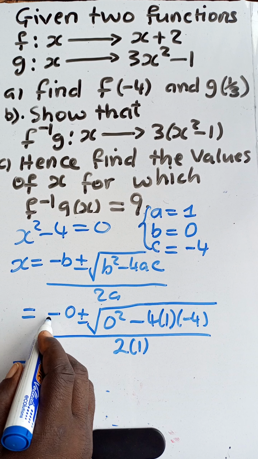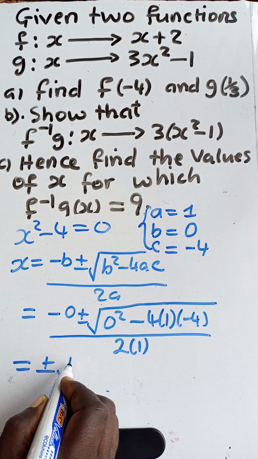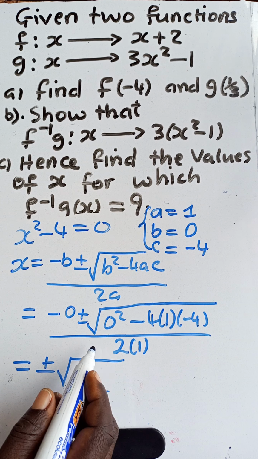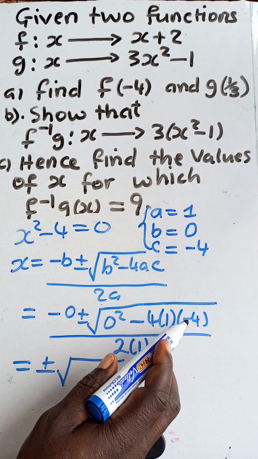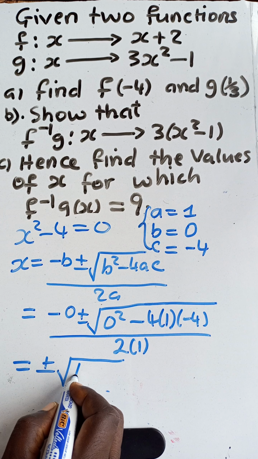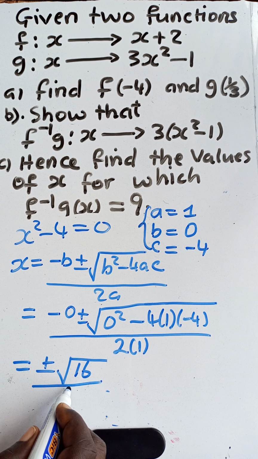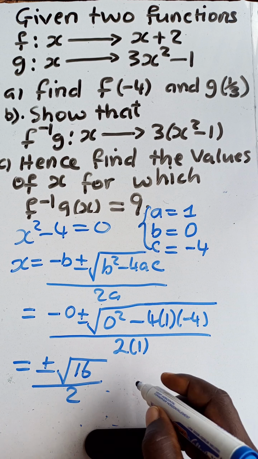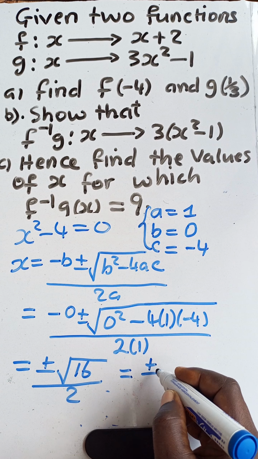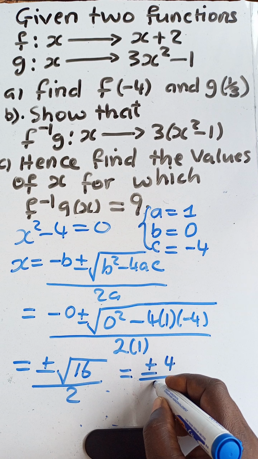Negative 0 is simply 0. So we have plus minus the square root of 0 squared, which is 0. Then negative multiplied by negative is positive, so we're doing 4 multiplied by 4, which is 16, divided by 2 multiplied by 1, which is 2. This gives us plus minus root 16, which is 4, all over 2.